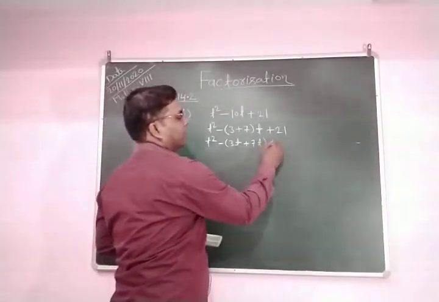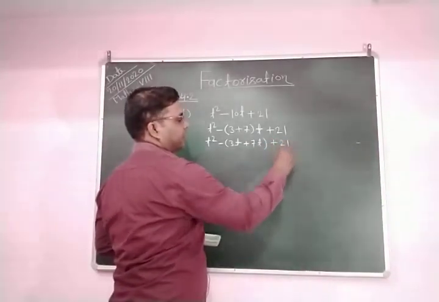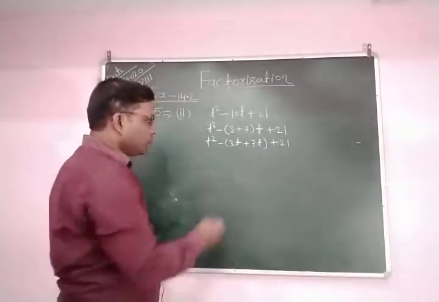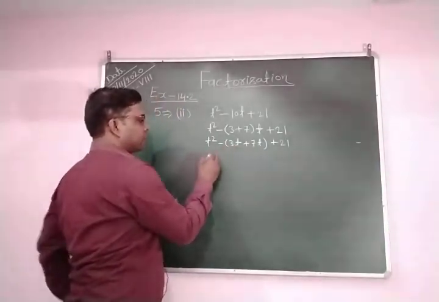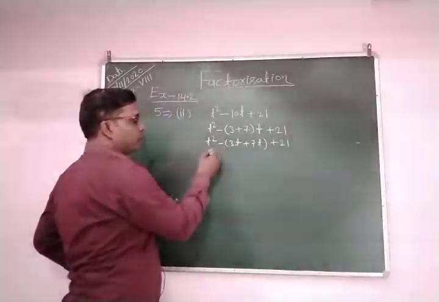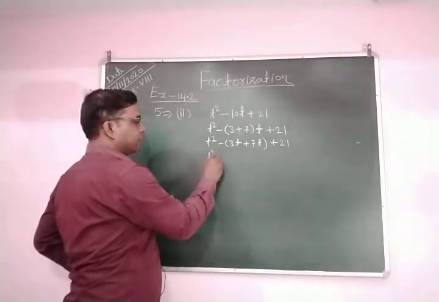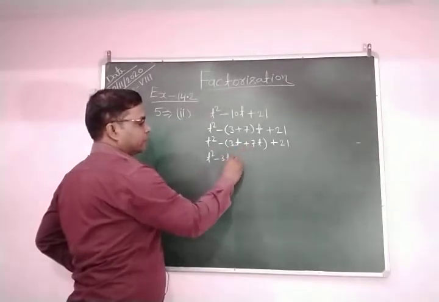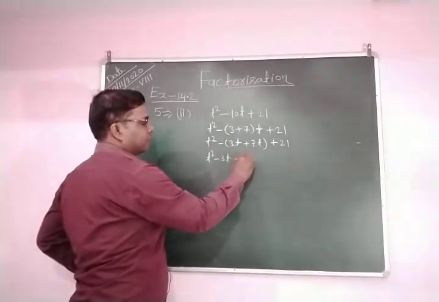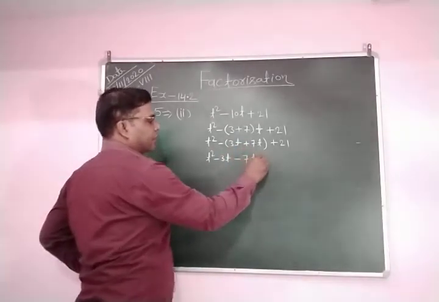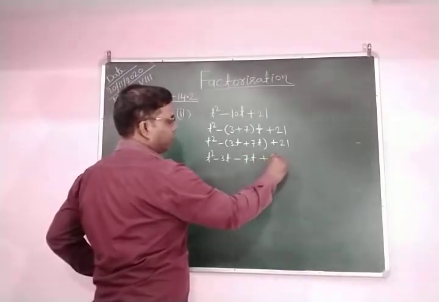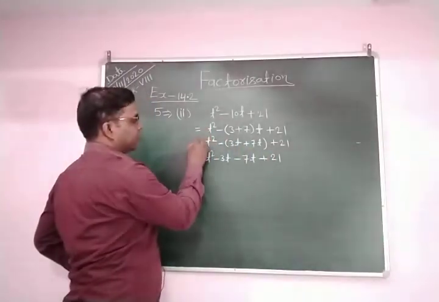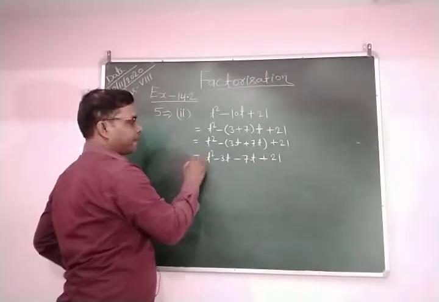Here we write 21 as it is. Clear? Now when you open this bracket, then it becomes what? It becomes t square minus 3t plus 7t plus 21. Clear? So use here the equal to symbol.